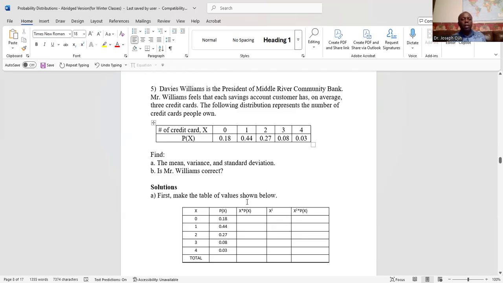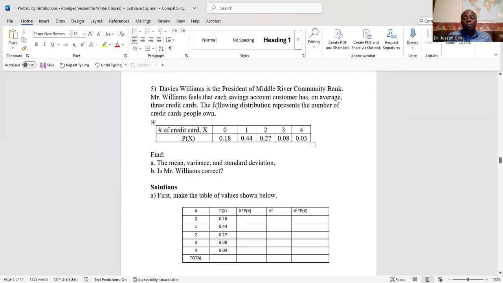It says Davis Williams is the president of the Middle River Community Bank. Mr. Williams feels that each savings account customer has on average 3 credit cards. The following distribution represents the number of credit cards people own. You can see the number of credit cards, no credit card, and this is the probability here, 1, this is the P(x), 2, all the way to 4.